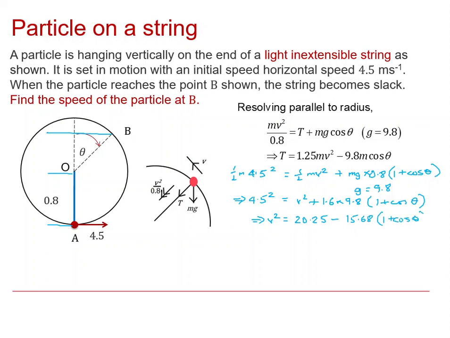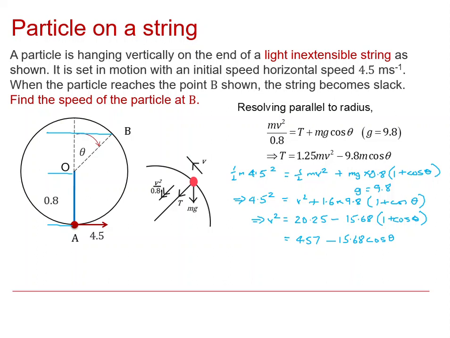Well, we're getting there. So if we take the 20.25 and subtract from it the 15.68, we'll get 4.57, and that gives us then remaining the 15.68 cos theta, which has to be subtracted. Now that's beginning to look quite hopeful.